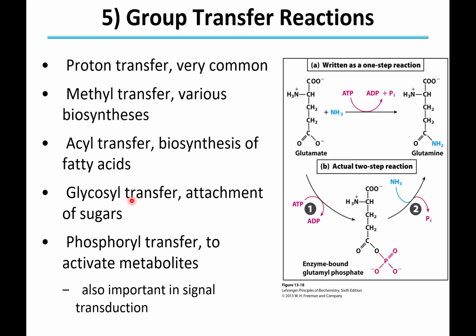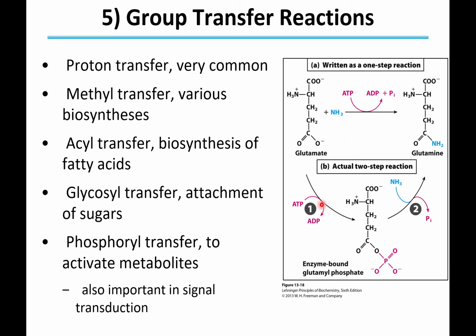Glycosyl transfers, those are attachments of sugar. And then really one of the most important ones that we cover are phosphoryl group transfers. Those are done to activate metabolites, make them into a higher energy compound. That's shown here, where you have a glutamate and ATP.